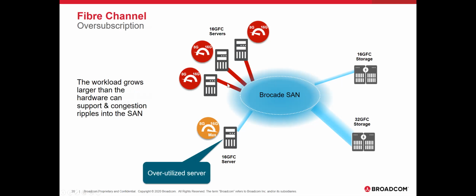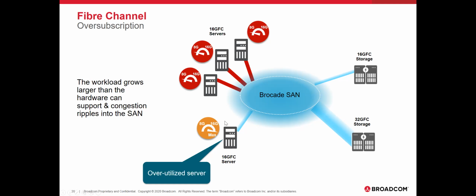But over time, workloads change. Maybe a database gets much bigger than the hardware. Maybe you have added new virtual machines to a virtualization server, and you now have more workload than the server can handle. When that happens, the server starts running out of resources.